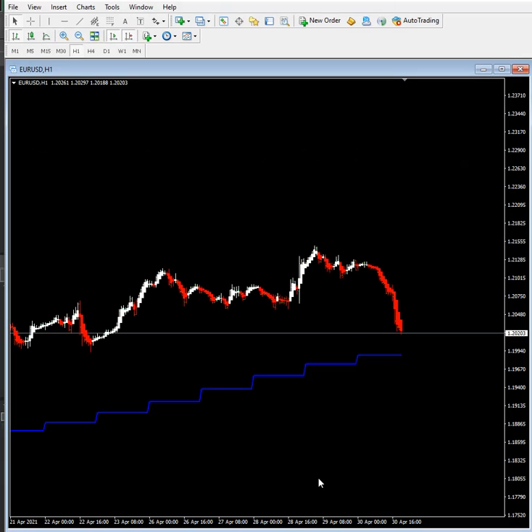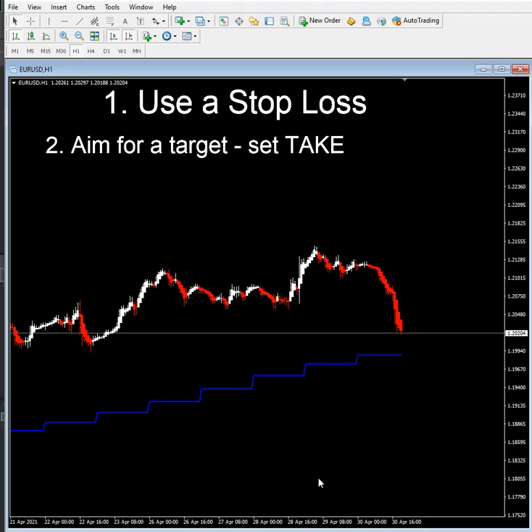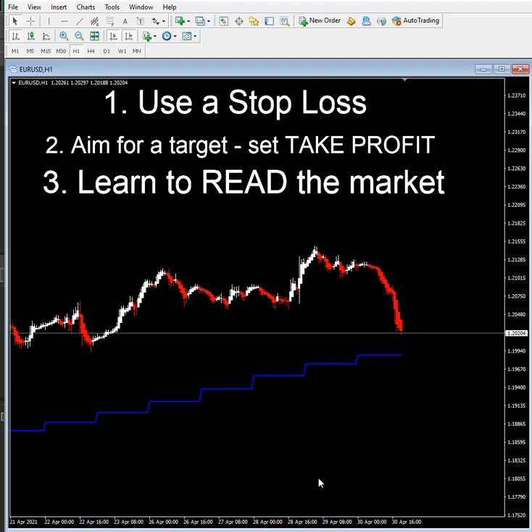Certainly if you're a beginner at trading Forex, but even if you're not, use a stop loss, aim for a target to take profit, learn how to read the markets, whether you use an indicator to do that or not.